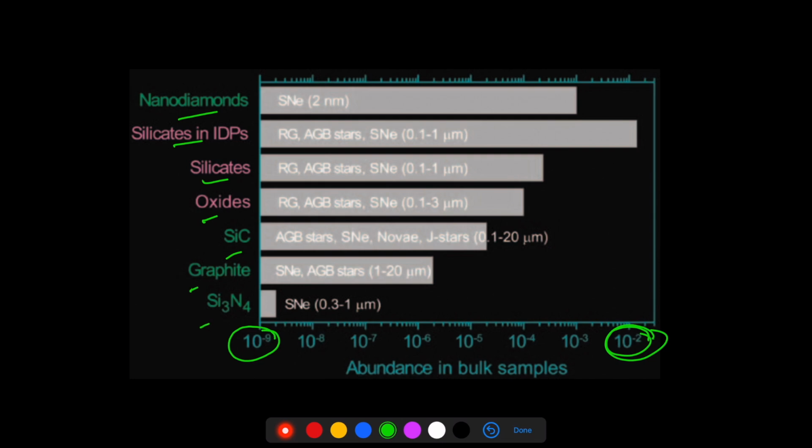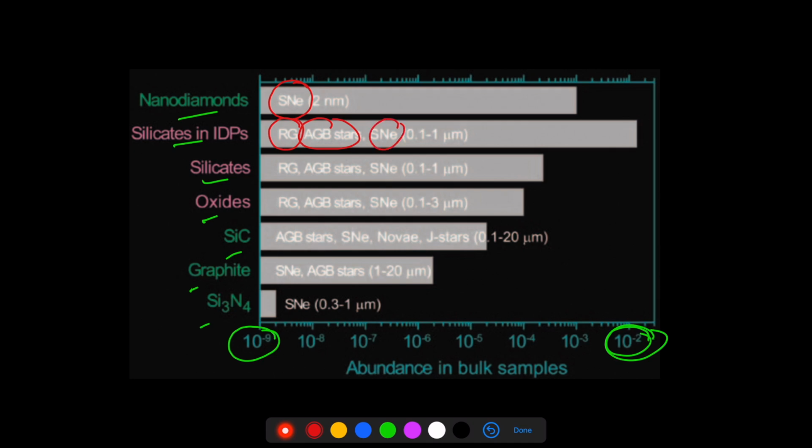Now what is also interesting here is that the origin, the production site of the presolar grains, is shown. So this here is supernovae. Many of these grains are produced in supernovae, nanodiamonds, most of them. And silicates are produced in red giant stars, asymptotic giant branch stars, and again supernovae.